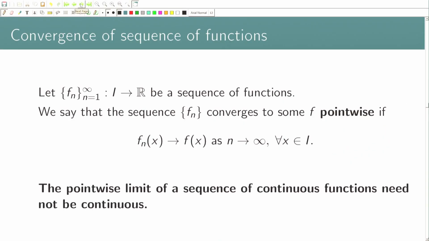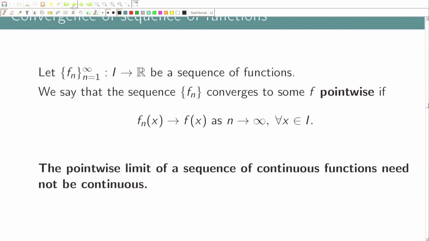That is not true, and you can easily see an example.